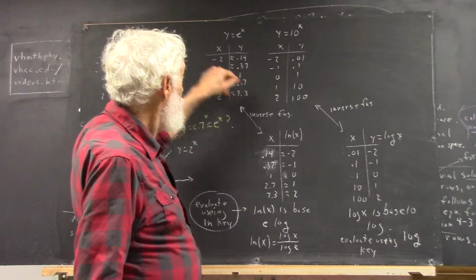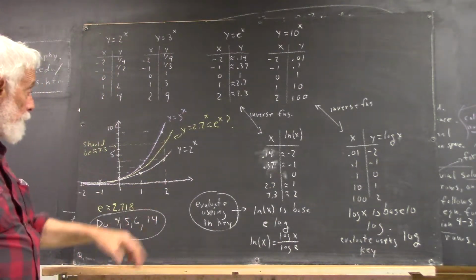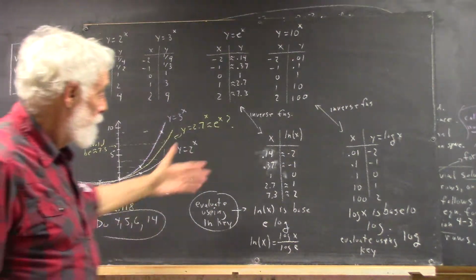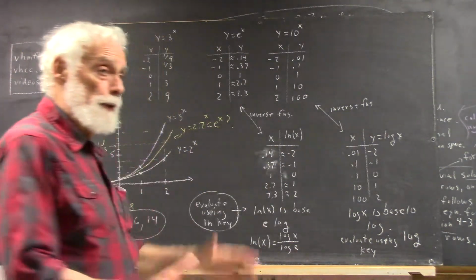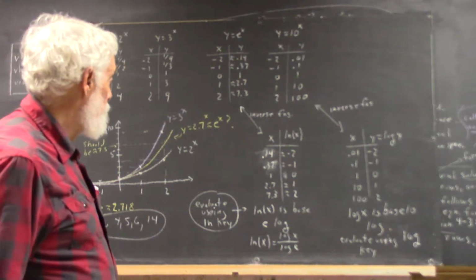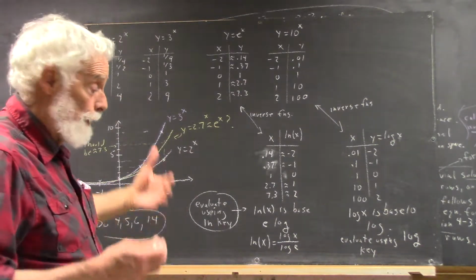It's the inverse of the exponential function. We've already done the inverse of the 2 to the x function. We've constructed that inverse, so this is really no different. We've constructed the inverse of the x squared function, although as we saw, we have to restrict the domain. Otherwise, we don't have a function.